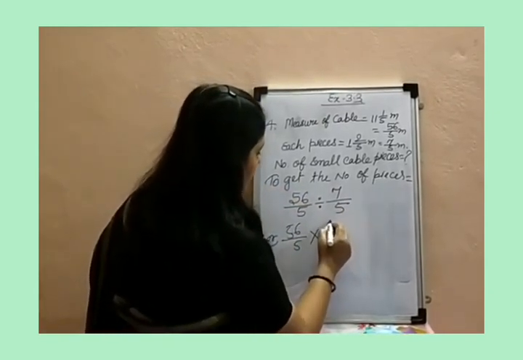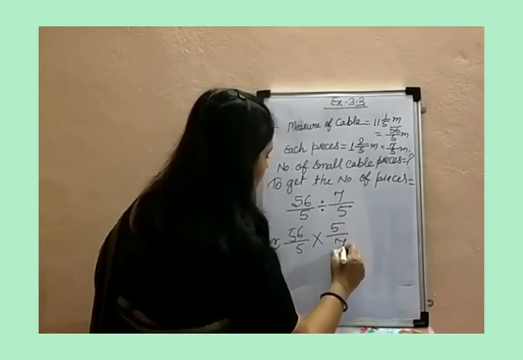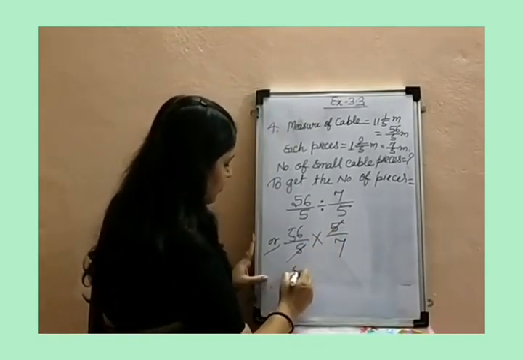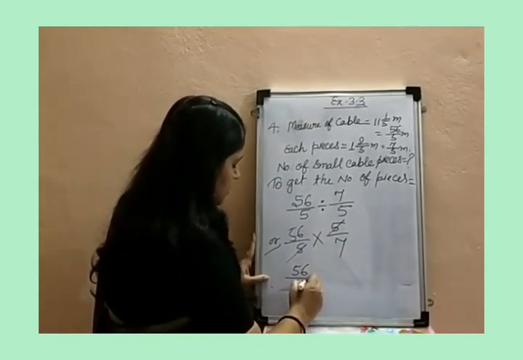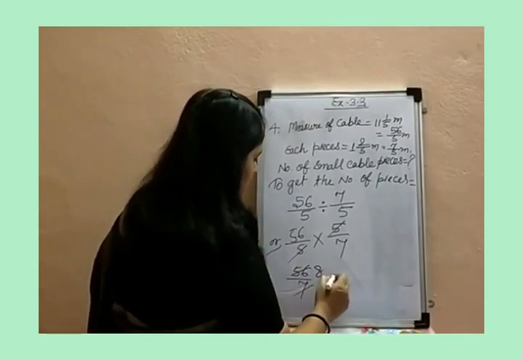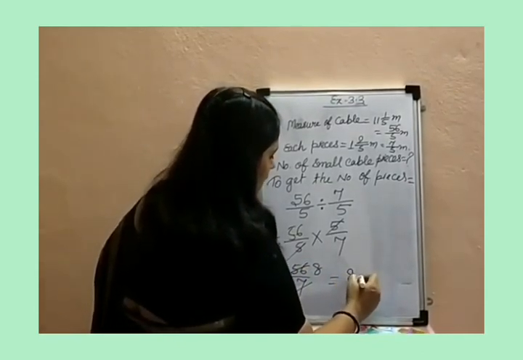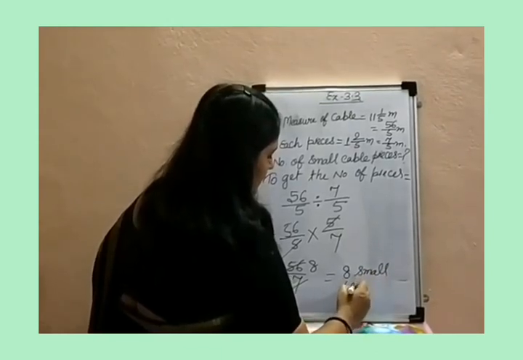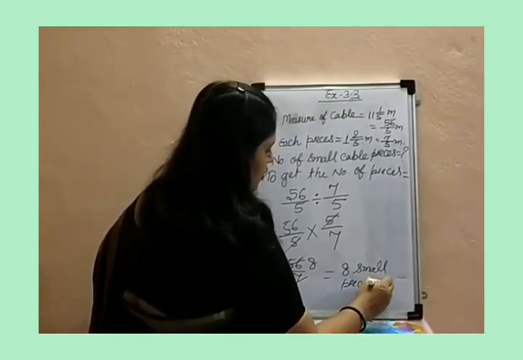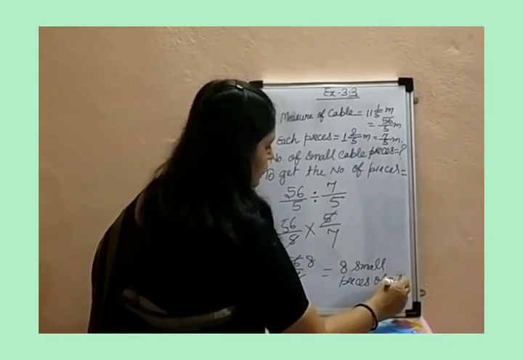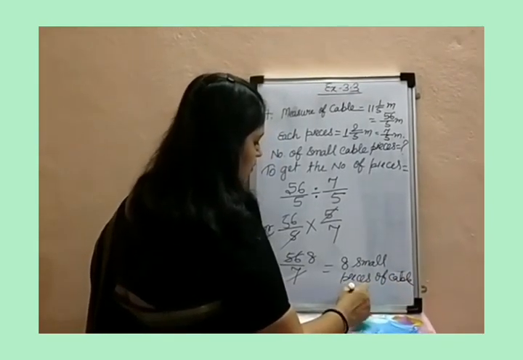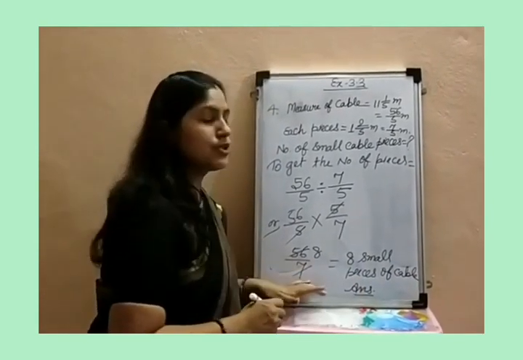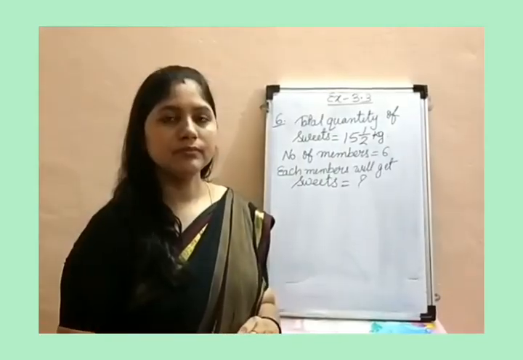So the next number will be reciprocal. Cancel this 5. 56 upon 7, 7 8s are 56, so 8 small pieces of cable. That is your answer.